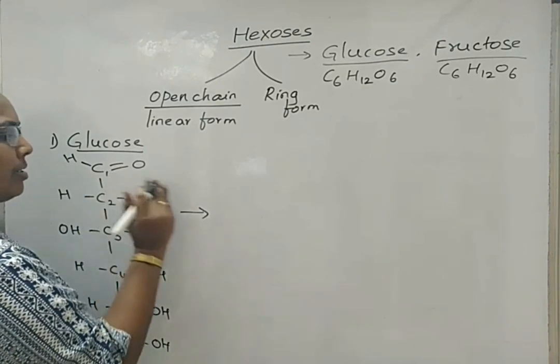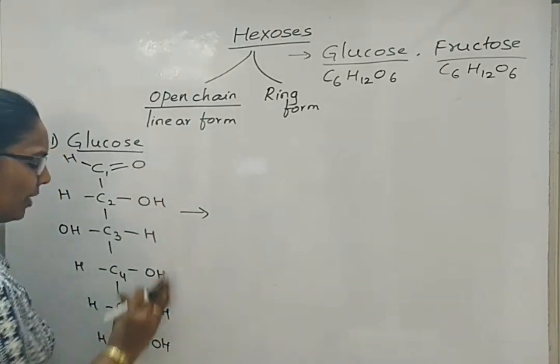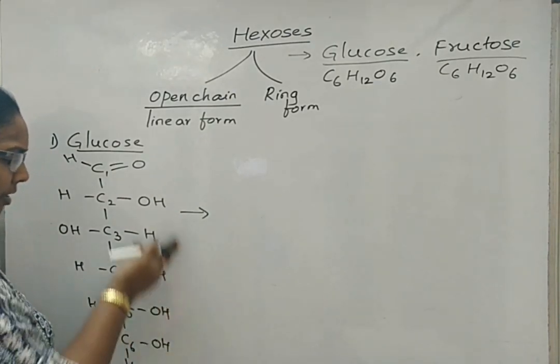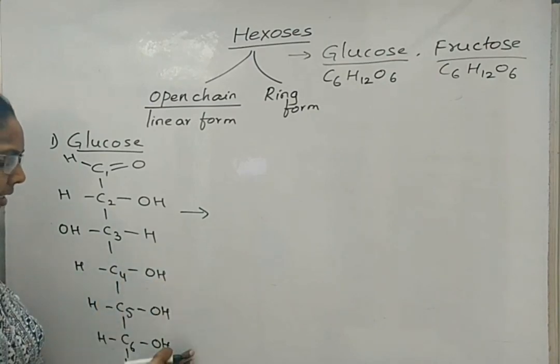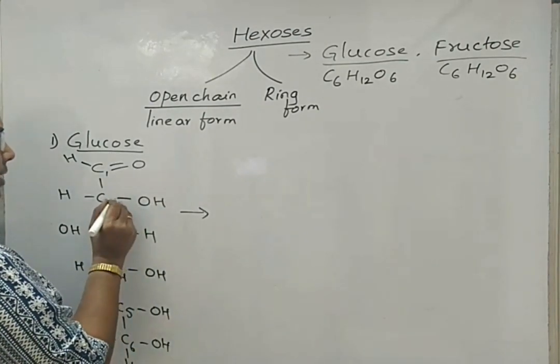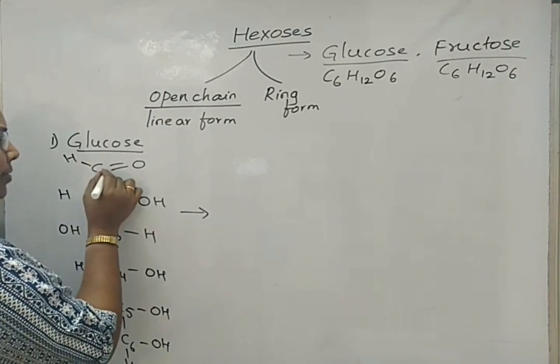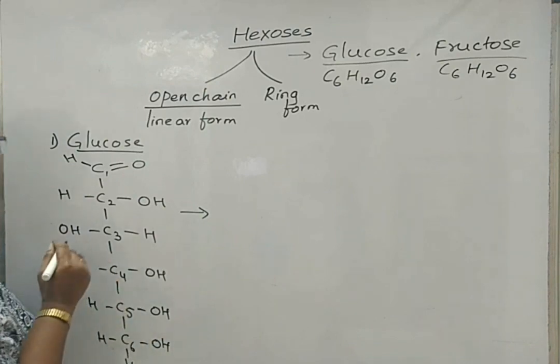So for glucose, if it has to be converted into the ring form, how does its structure change, or what modifications are done within the molecule? There will be a bond between carbon 1, which has the aldehyde double bond O group, and carbon 5.